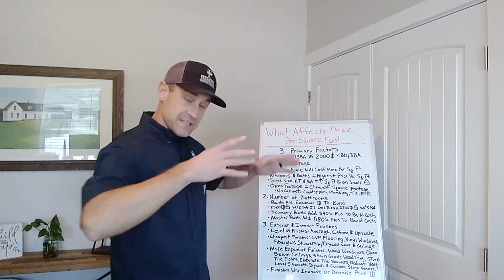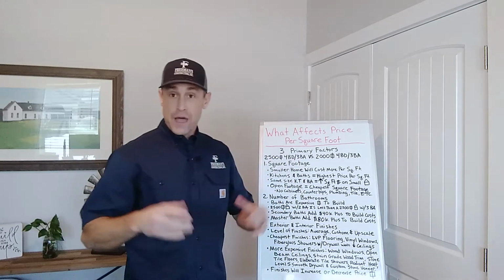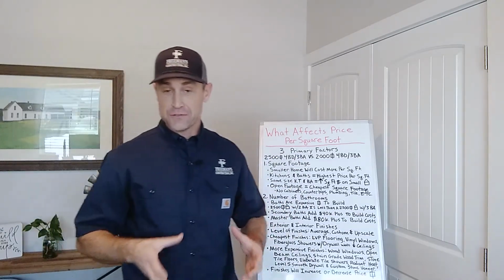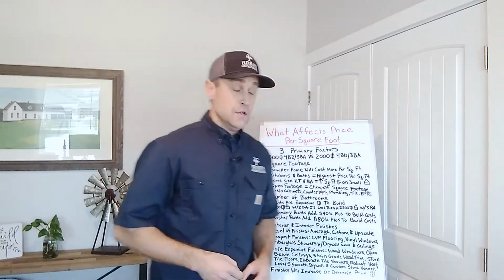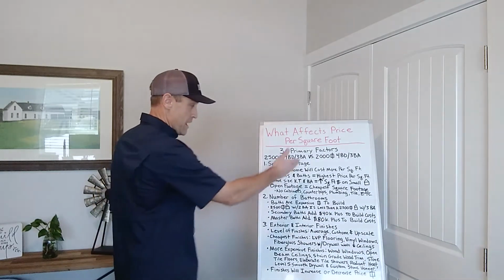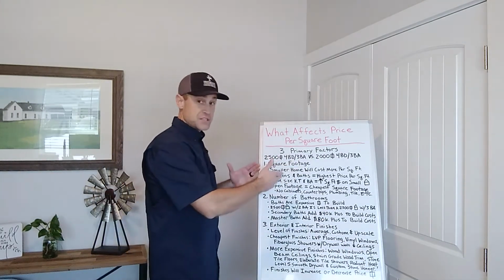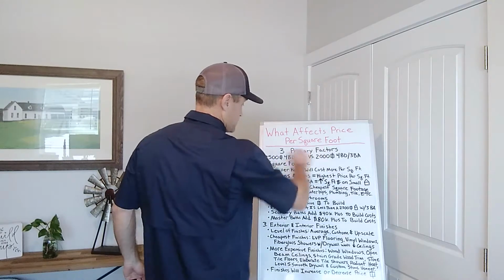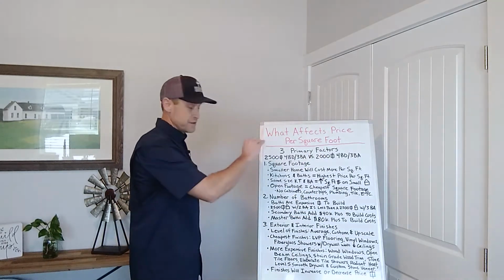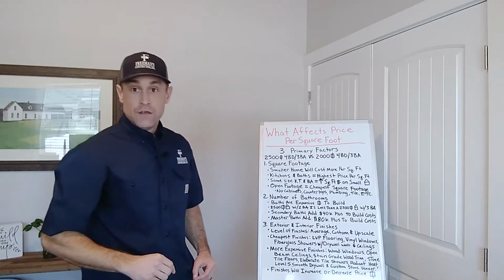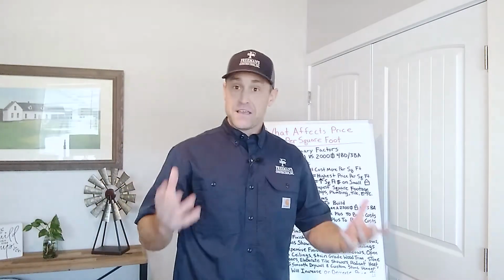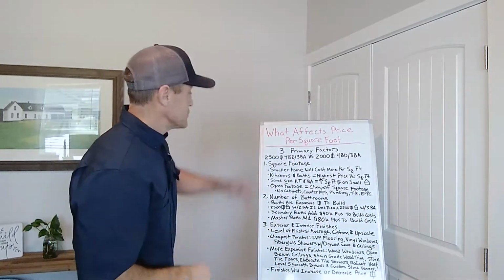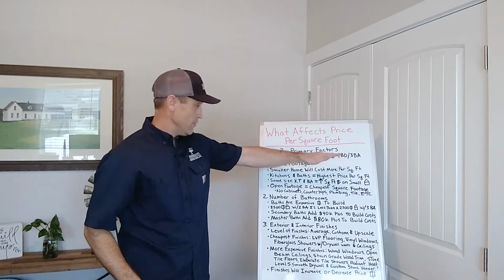The kitchen and the bathrooms are a lot more expensive per square foot than $250 to build. So when you have the same amount of bathrooms and the same size kitchen in a 2,000 square foot house that you had in your 2,500 square foot house, the price per foot is going to be significantly higher on the 2,000 square foot home.